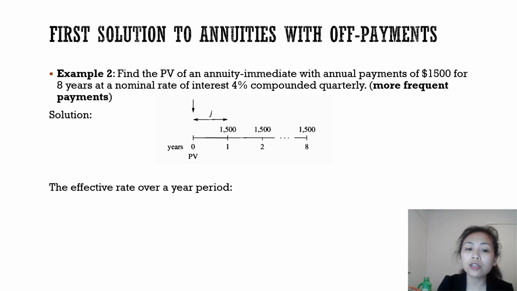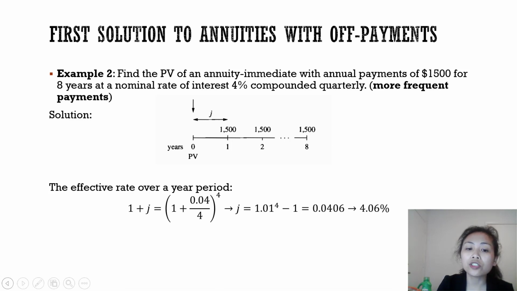So the effective rate over a year period is 1 plus J is equal to 1 plus 0.04 over 4, the whole thing to the 4. This is by the nominal rate of interest formula. And from here we found J is 4.06%.